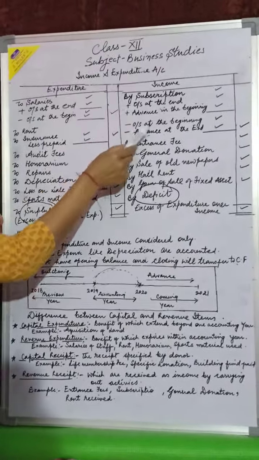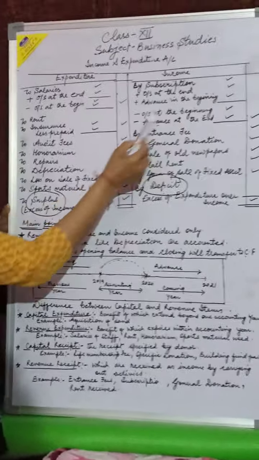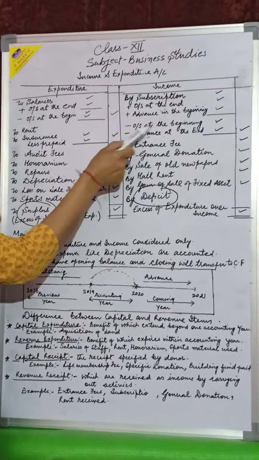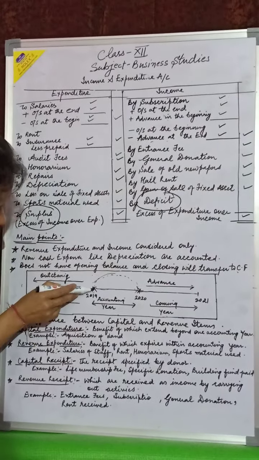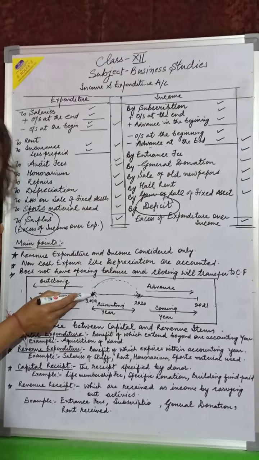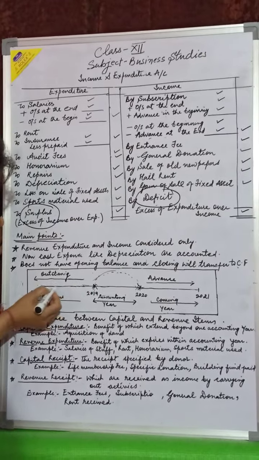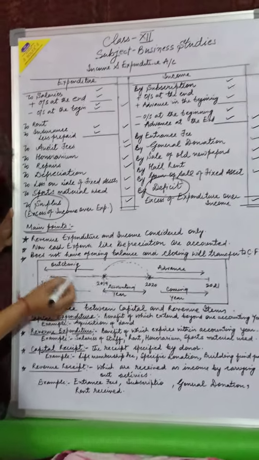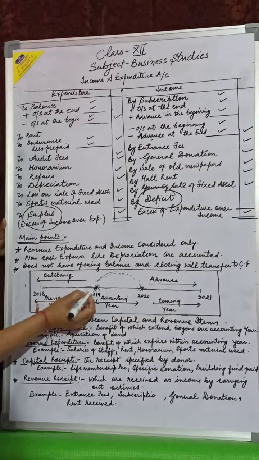But outstanding at the beginning, you are going to deduct. Suppose your subscription is outstanding at the beginning. It means outstanding is always for the past year. So this subscription, which is due at the beginning, is not for your present year.